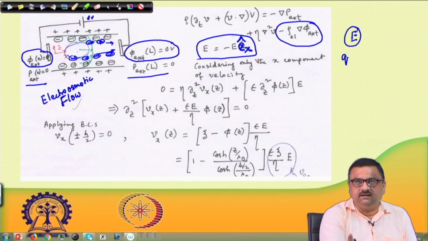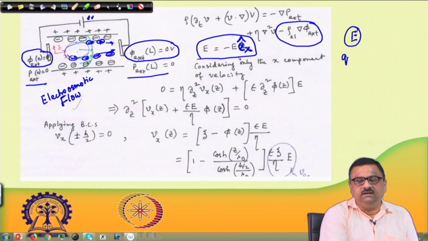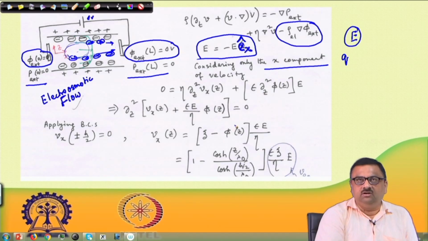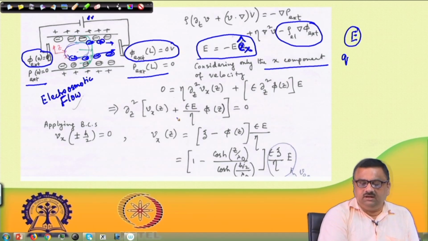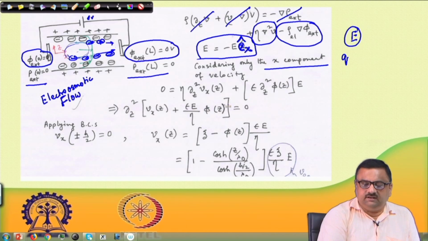Since I have written x as positive in this direction, whereas this is positive and this is negative, that is why we write it here as minus Ex hat. Now, if one looks only at the x component, the other components will be gone. There is no external force, this is gone, this is gone, so one is left with this term and this term.